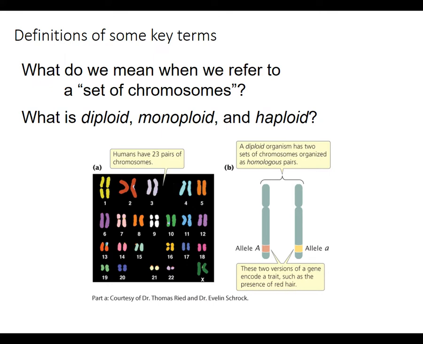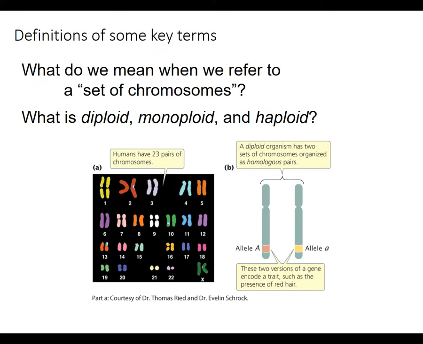So 46. They're not all the same size, and some of them appear to be fragmented, but that's really just because of the way the stain didn't quite stick to all parts of each of the chromosomes. But in any case, a set of chromosomes, a set of anything, would be one of each different type.